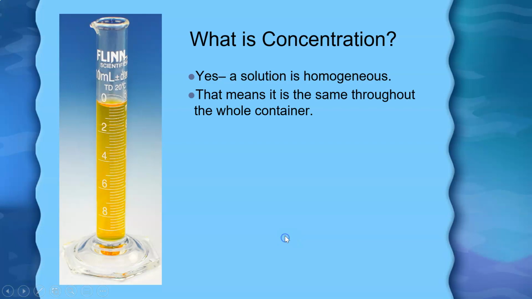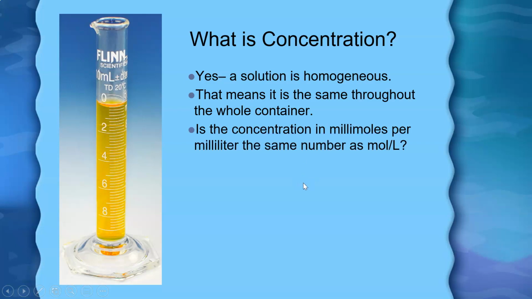It is the same throughout. So all of this is going to be the same throughout the whole container. That's why it doesn't matter whether I pour directly from the bottle or we have a refill later. As long as I'm using a solution from the same overall container, the concentration should always be the same.